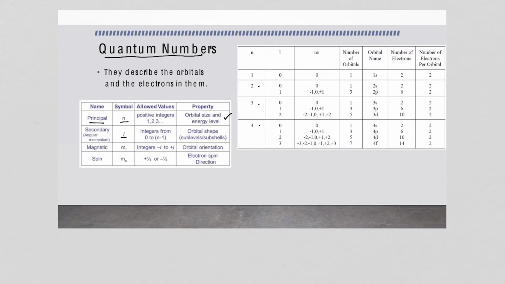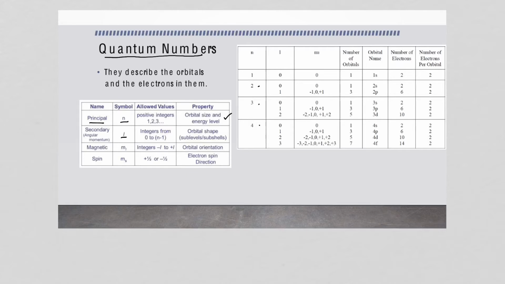So for example, if n is 1, then the only possible value is 0, because n minus 1 is 1 minus 1, which is 0. But if n is 2, then n minus 1 is 1, so you have possible integer values of 0 and 1.